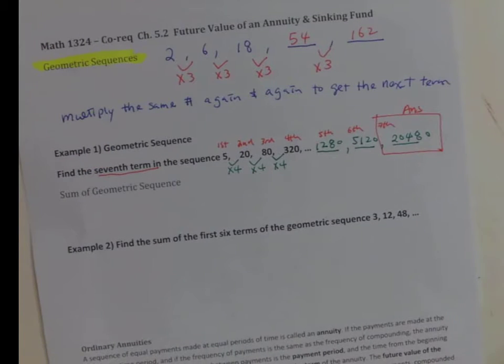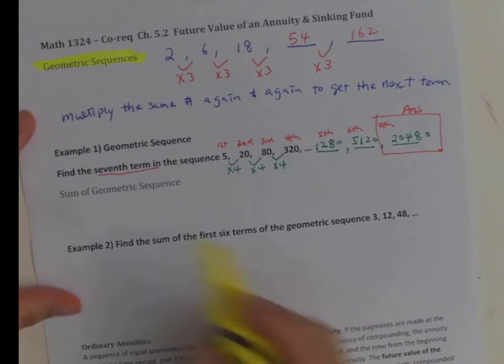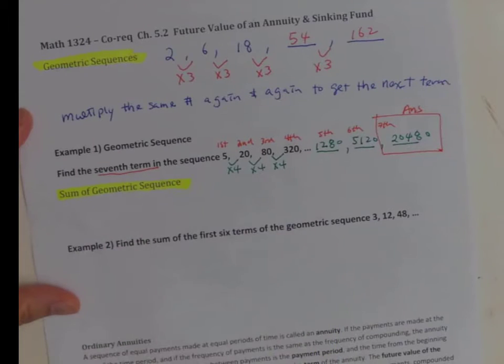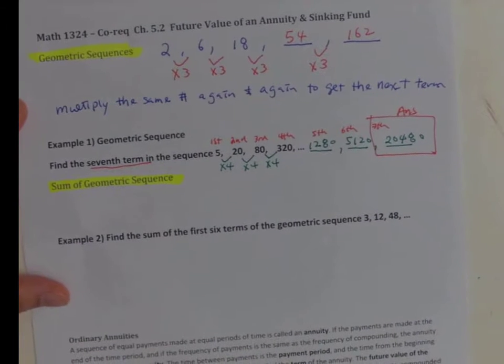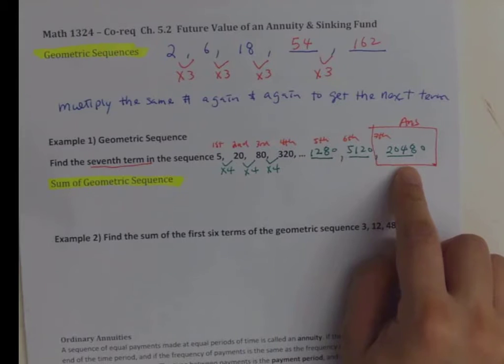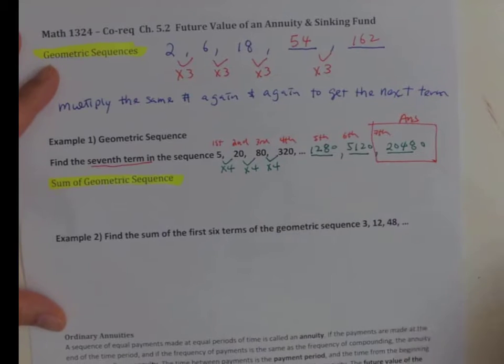All right. The second concept they want you to look at is the sum of a geometric sequence. This is related to the main topic we're going to talk about today. Since we have this here already, let's say I want to know the sum of the first 7 terms.